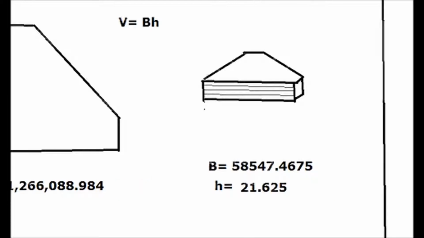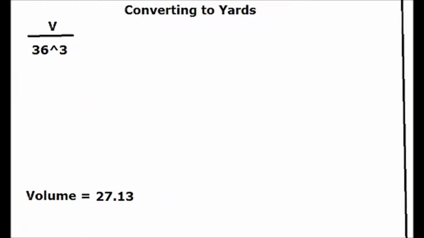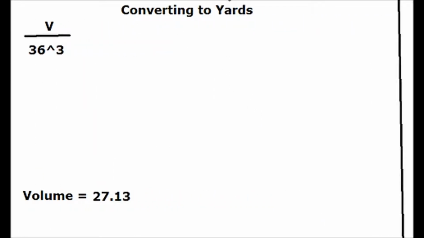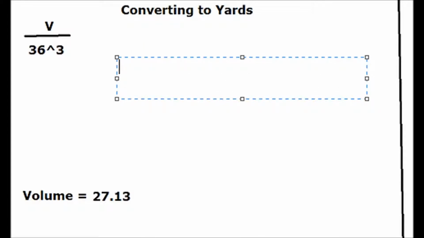Now, moving on. So now you have the volume in inches, but most people don't use inches, they use yards. So what you'll want to do is you're going to take that final number, which is, let me scroll over. It's 21.625 times 58547.5675.